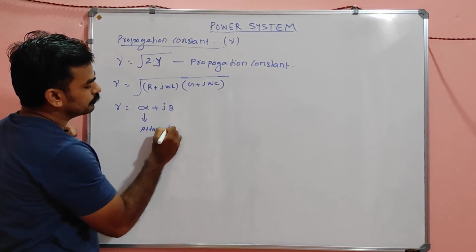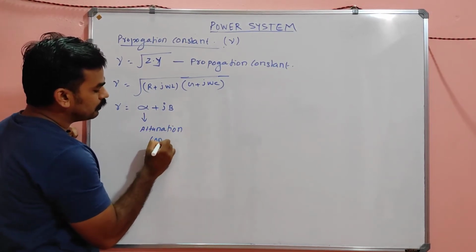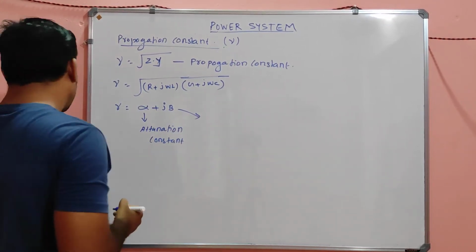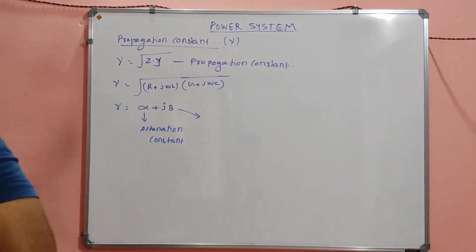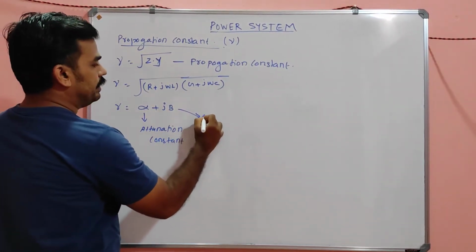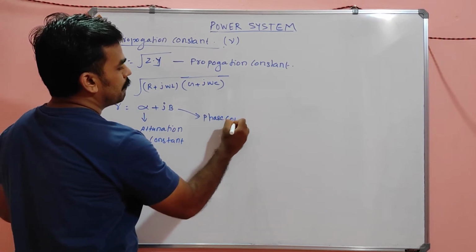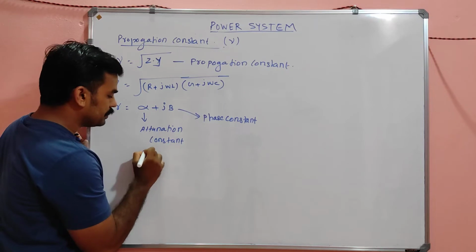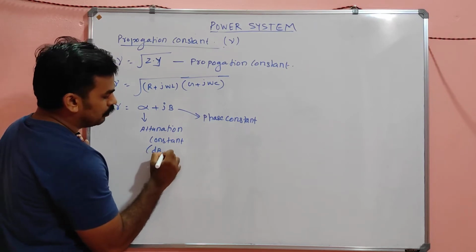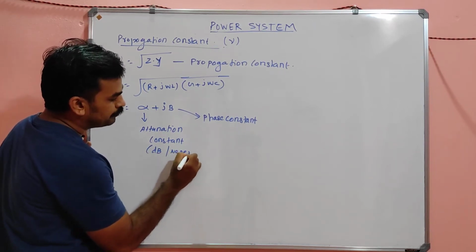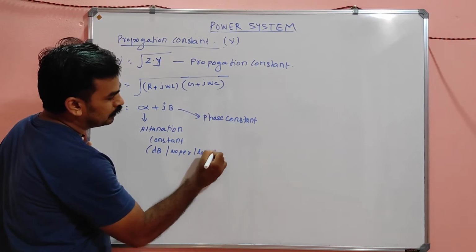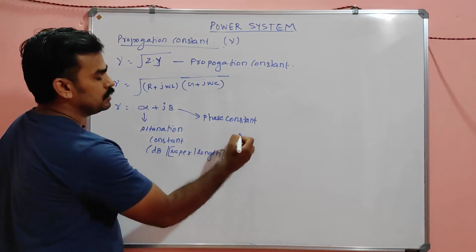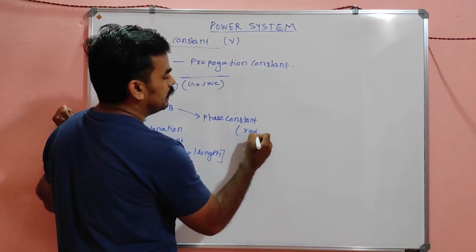This alpha is called the attenuation constant, and beta is called the phase constant. The attenuation constant is represented in dB or Nepers per length, and the phase constant is in radians per length.